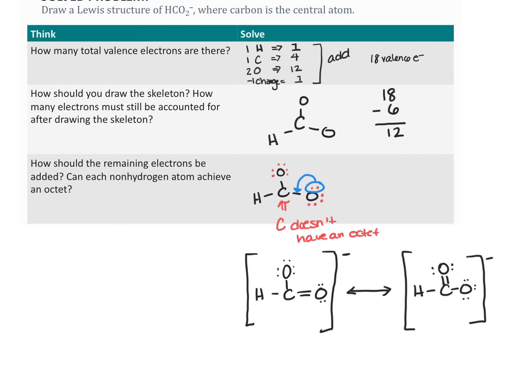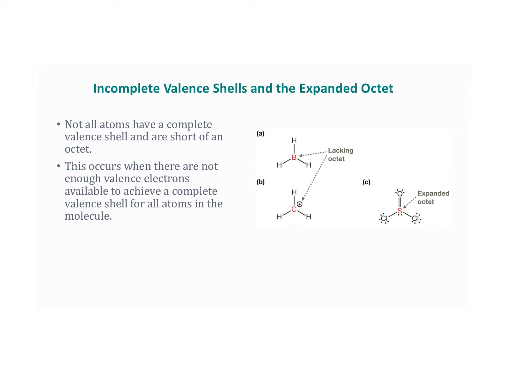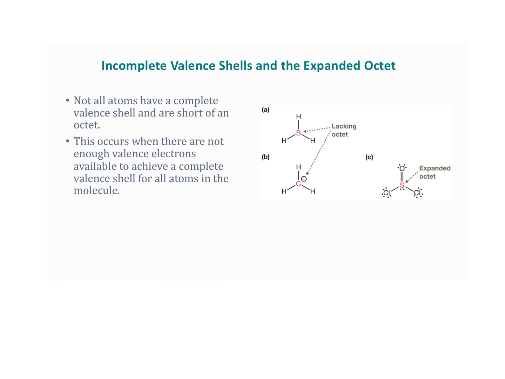Now, not all atoms are going to have a complete valence shell, and some of them are going to be short an octet. We call these electron deficient, and that's okay. This occurs basically when there are not enough valence electrons to achieve a complete valence shell.